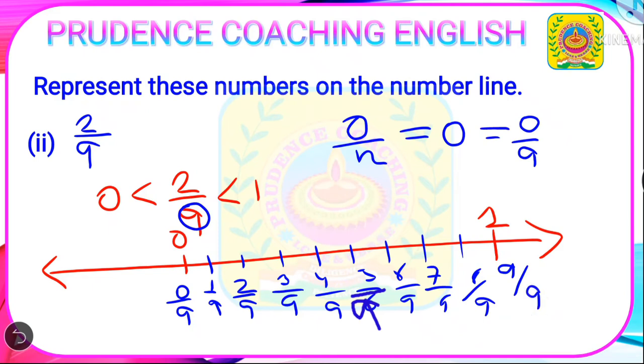We have already learned in the previous question that n by n gives us 1, because this n and this n will cancel out and we are left with 1. So 9 by 9 is 1, and in this question we were asked to represent 2 by 9. So here is our answer, that is 2 by 9.